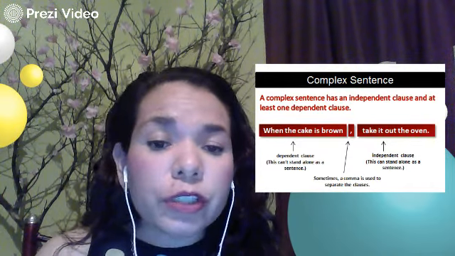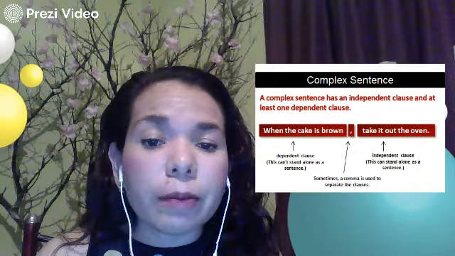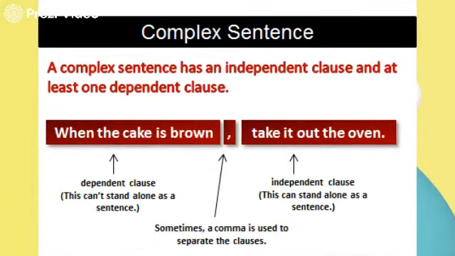I'm going to show you the structure of complex sentences. Complex sentences have an independent clause and at least one dependent clause. And usually they are separated by a comma. Not all the time, but it's very common. When the cake is brown, take it out of the oven.